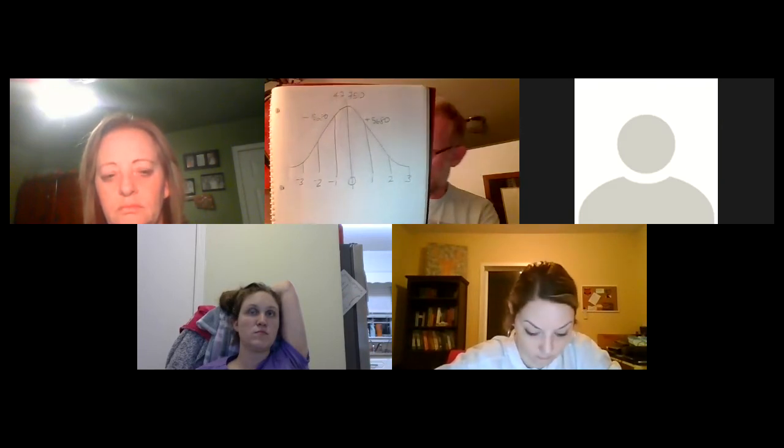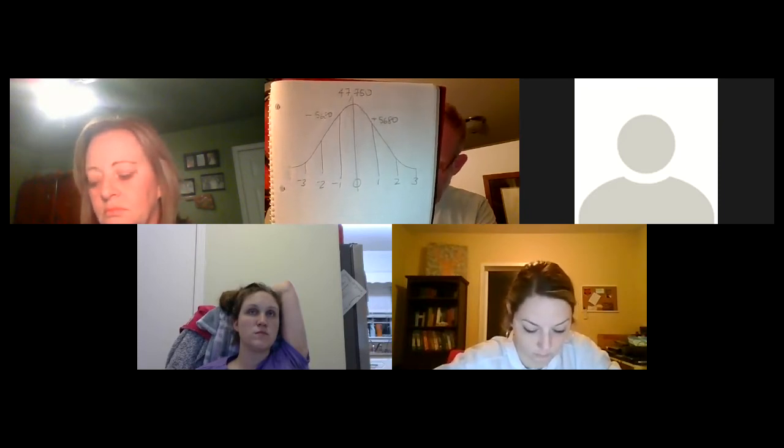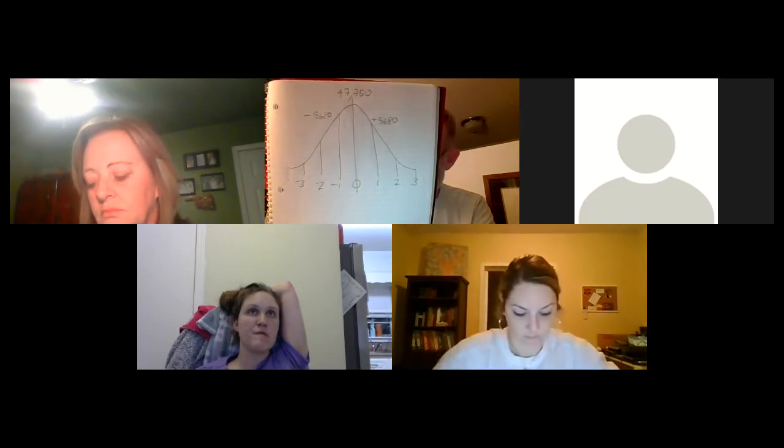Now, in part A, we're looking for between 35,000 and 45,000. I need to make a few more notes. When you take 47,750 and subtract 1 standard deviation, which is 5680, that corresponds to 42,070.